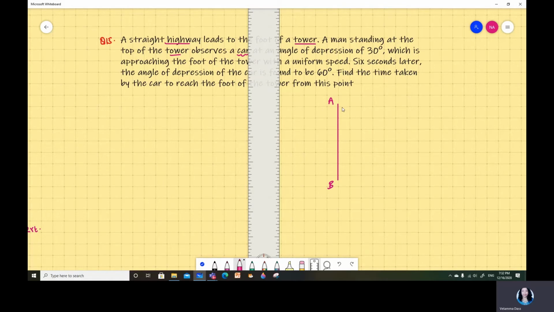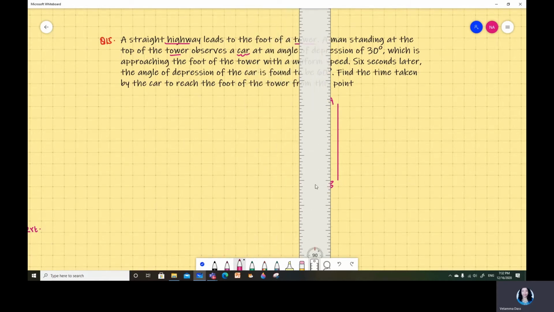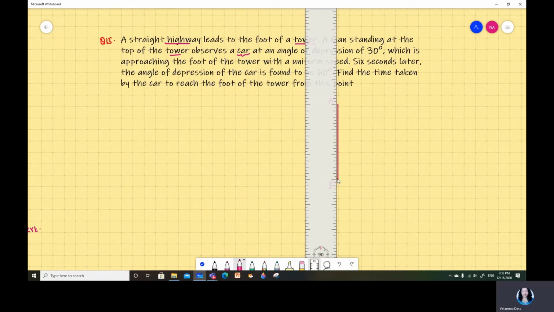Now, the person is standing at the top of the tower. As the height is not given, we'll assume the point A. There is a car. I'll just draw a little more so I can get that proper.